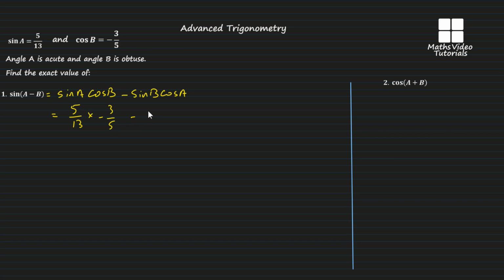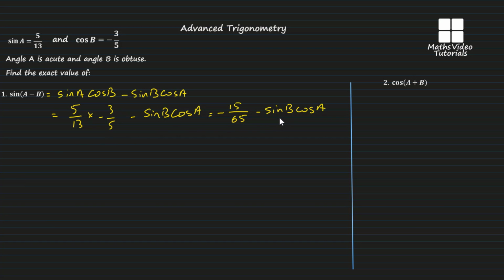And then we got minus sine B cos A. So let's do the calculation for this one here. 5 times 3 is 15, so that's minus 15 over 13 times 5 is 65. Minus sine B cos A.